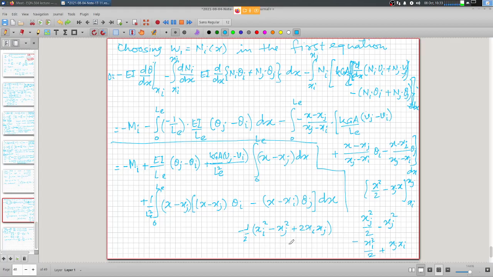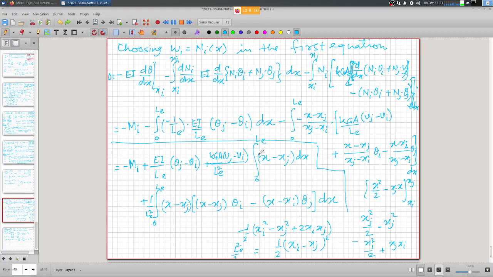So this is equal to xi minus xj whole squared by 2.